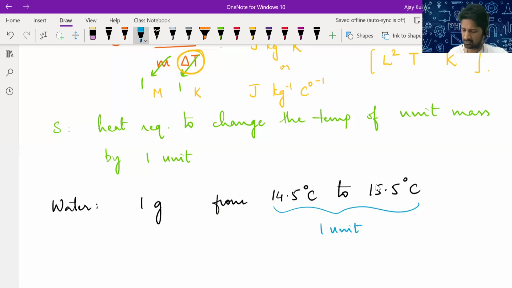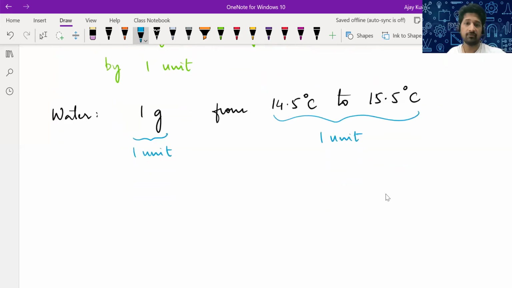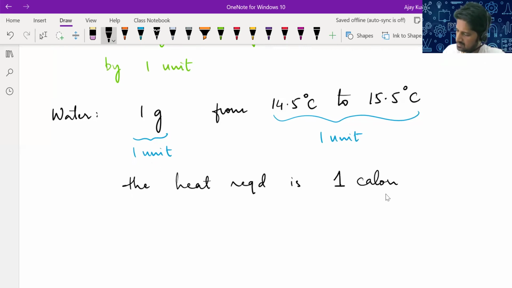Okay, and gram is also 1 unit only. In the CGS system, it is 1 unit. So to raise the temperature of 1 gram of water from 14.5 degrees to 15.5 degrees, the heat required is exactly 1 calorie. In fact, this is how a calorie was defined.